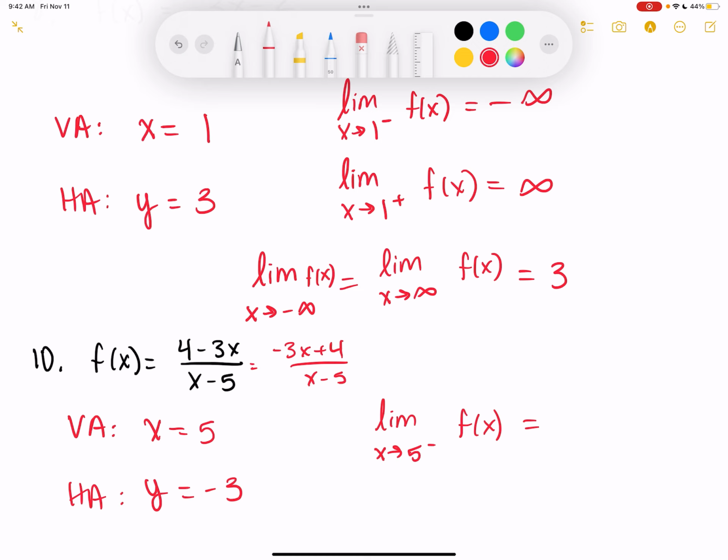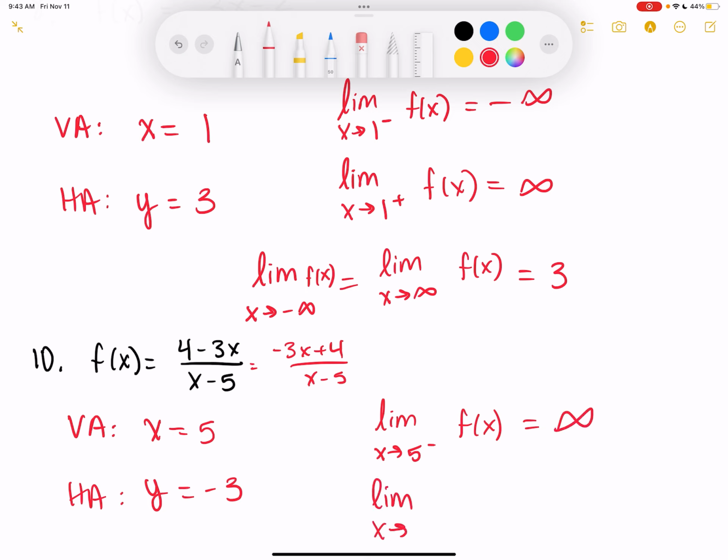We're trying to figure out, so just think, even if you just called it 4, on the top in terms of multiplying, 3 times 4 is 12. So 4 minus 12 is negative. Then on the bottom, it's also going to be negative. So it's infinity.